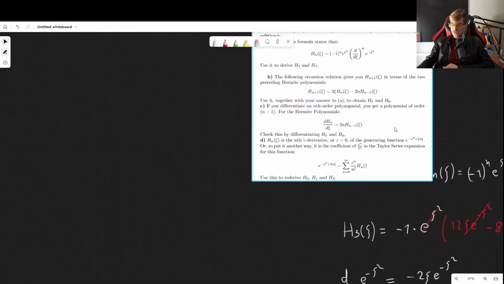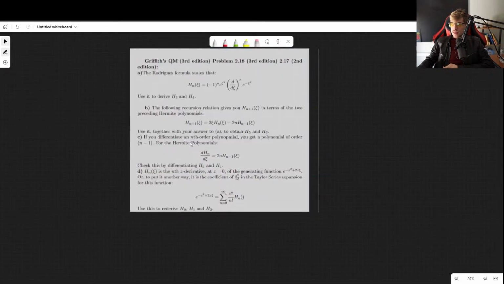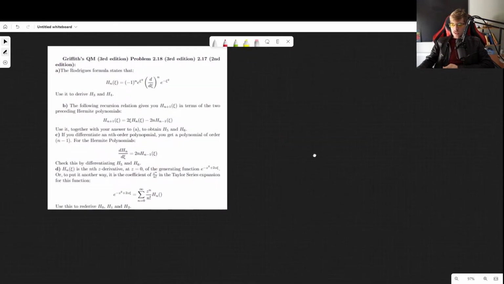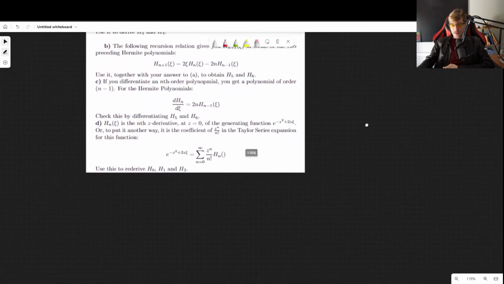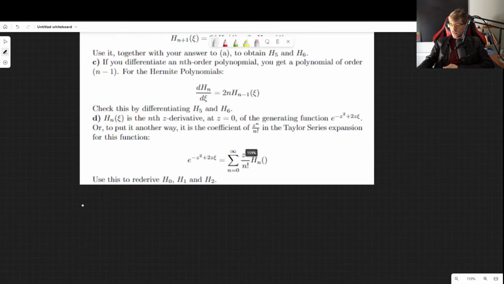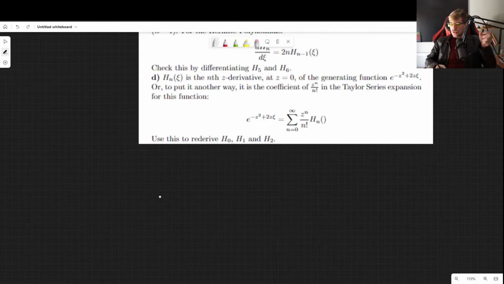I'm going to move everything to the side here. There we go. This looks very intimidating, but don't worry, it isn't that bad. So there's two ways to go about it. I'm going to show you what I like to do here. So there's a few ways to think about it. Let's write down the function that they say. They say that we can use this function to generate the Hermite polynomial.